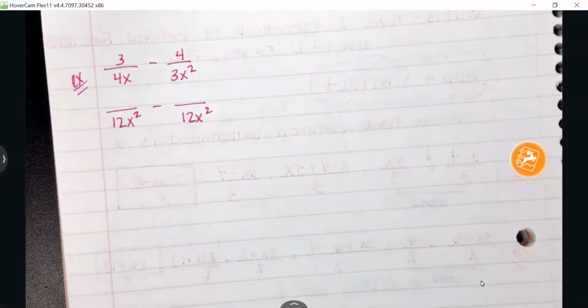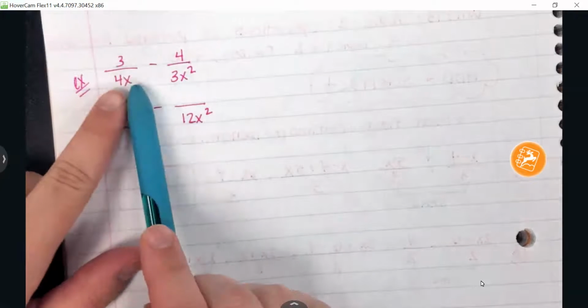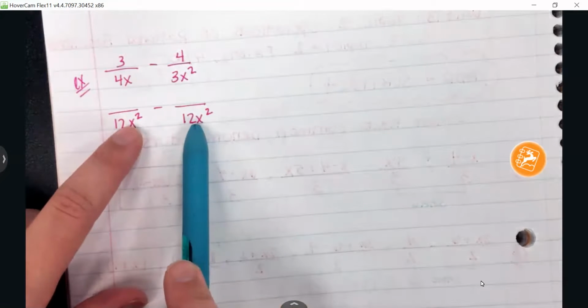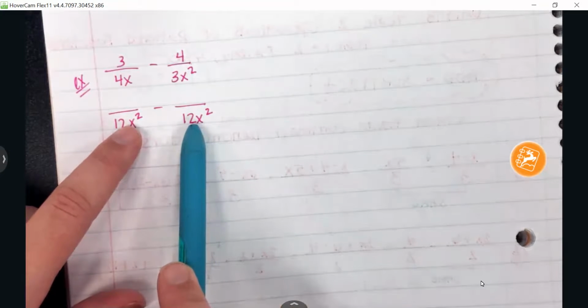Wait, so how would the 4x turn into, I get 12, but how would it be x squared? Because if I have 1x and you have 2x's, we have to have the same in our denominator, but without taking anything away. We can add 2, we can't take away. So I have to have 2x's like you have over here, okay?